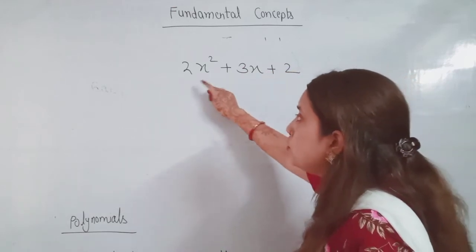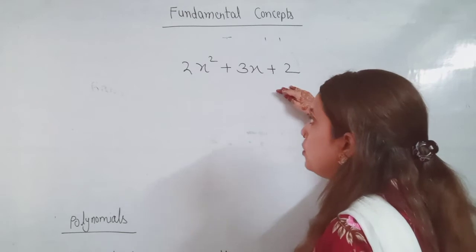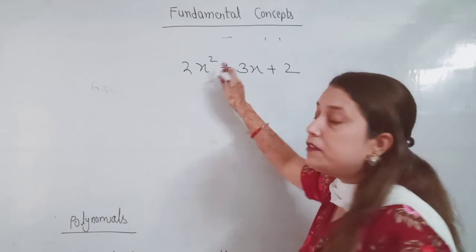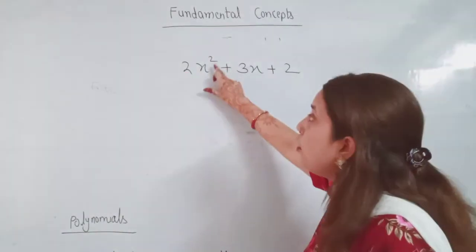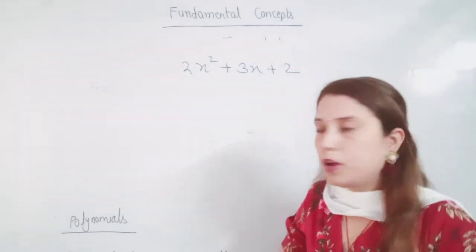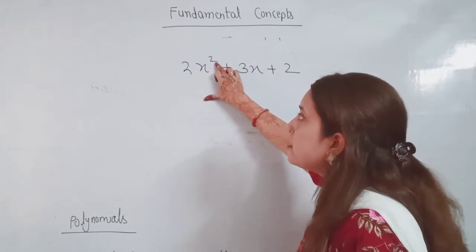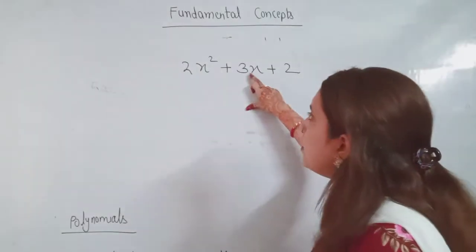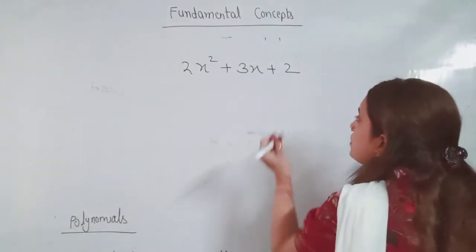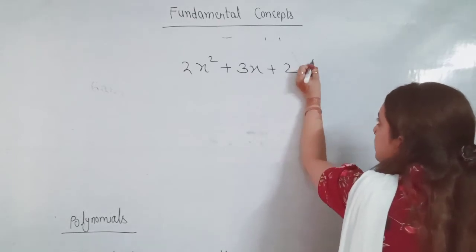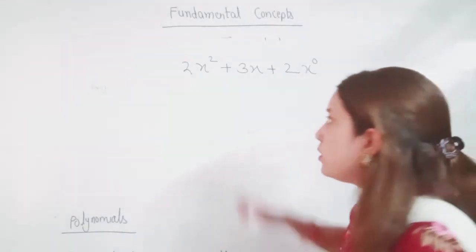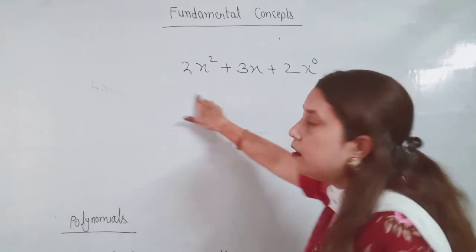How to check whether the given expression is a polynomial? First we check the degree of the variable. If the degree of the variable in each term is a whole number, then the given expression will be a polynomial. In the first term the degree of x is 2, a whole number. In the second term the degree of x is 1, a whole number. And the last term is the constant term, so we can write it as x raised to the power 0. And 0 is also a whole number.